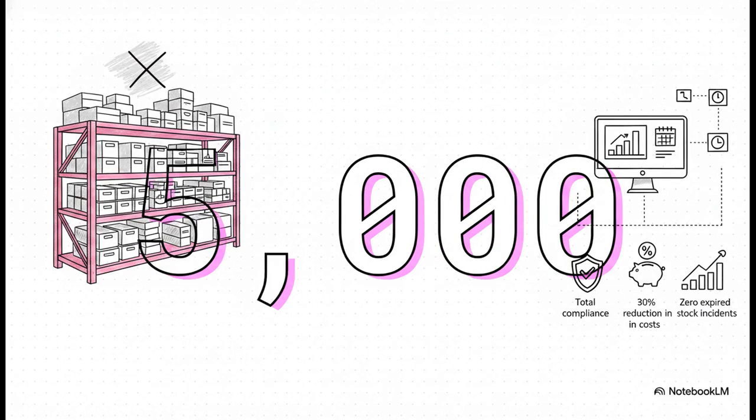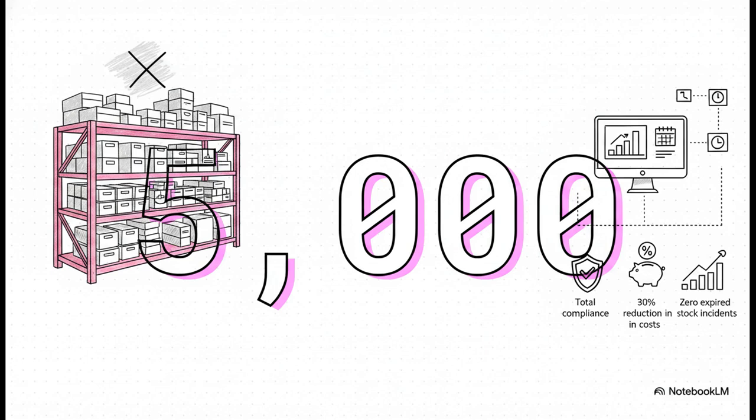Now contrast Walmart's massive global empire with the number 5,000. This represents a mid-sized pharmaceutical distributor in India. Before getting an ERP, they managed 5,000 different medicine SKUs manually on paper. This wasn't just inefficient, it was a massive legal and health risk because expired medicines were accidentally being sold. They decided to implement Tally ERP with inventory add-ons, utilizing the batch tracking feature we discussed earlier.